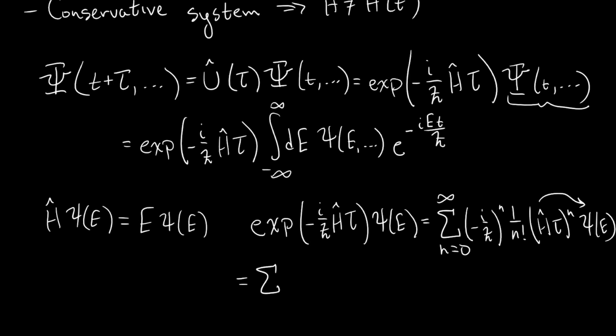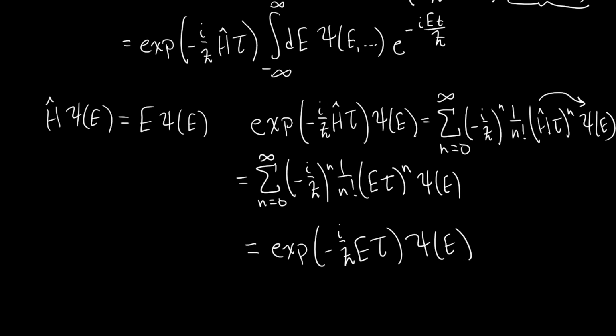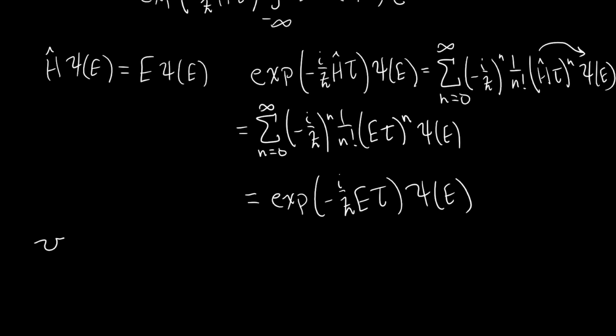And this is going to give me the sum n equals 0 to infinity of minus i over h bar to the n, 1 over n factorial, because every time I act with an H hat, I get an E. It's E tau to the n, psi of E, which of course I can rewrite in terms of an exponential: minus i over h bar, E tau, psi. So now I can just plug that in, and I find psi of t plus tau.